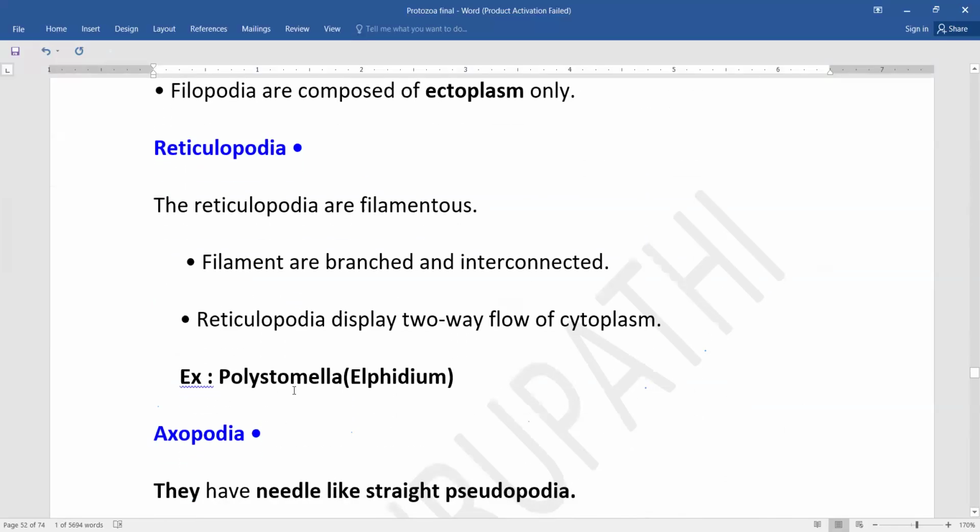Example, Polystomella. Okay, the filaments are branched and interconnected.